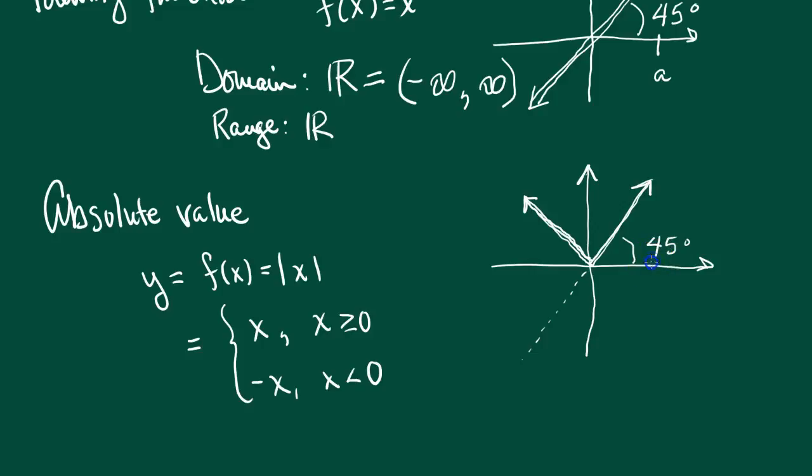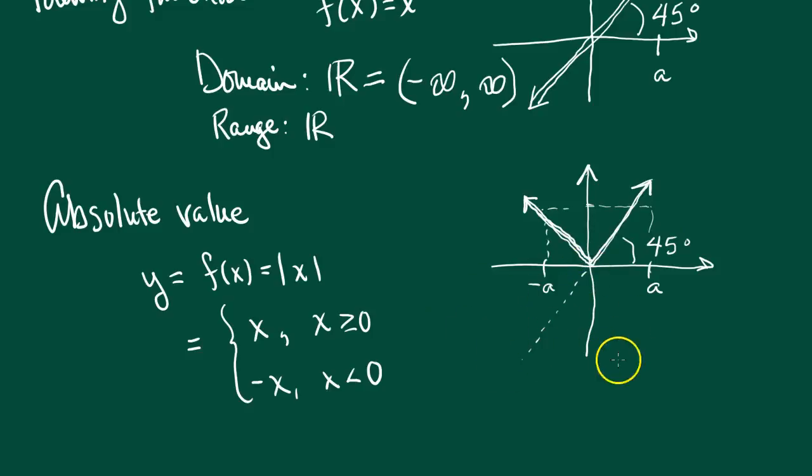If I put in a, which is a positive value, I get out a. If I put in negative a, of course, I get out positive a, just the same.